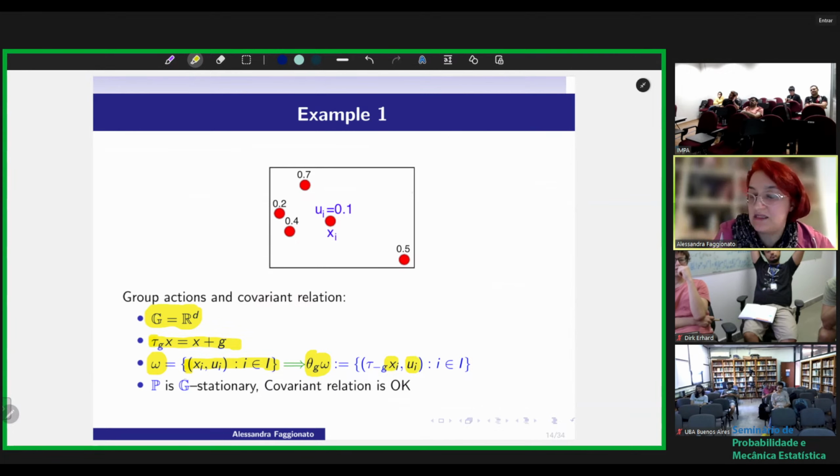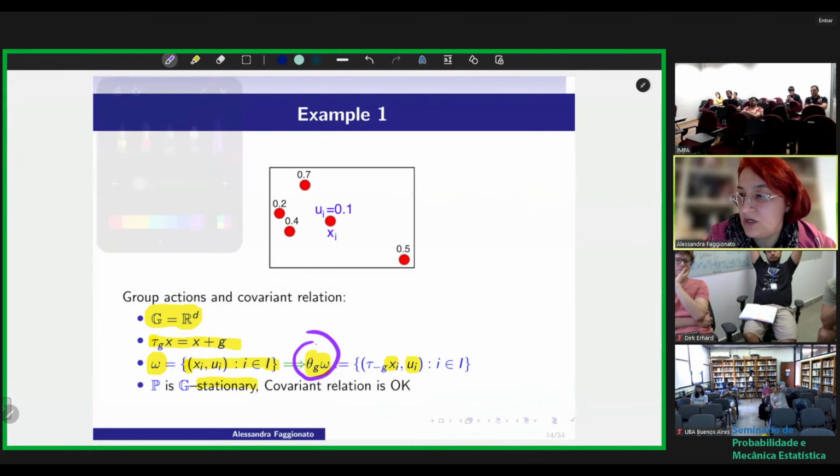You can check, it's simple, that P, the law I chose by taking this marked Poisson point process, is stationary. So these maps are measure preserving for the law. And moreover, the covariance relation I showed you at the beginning is satisfied.